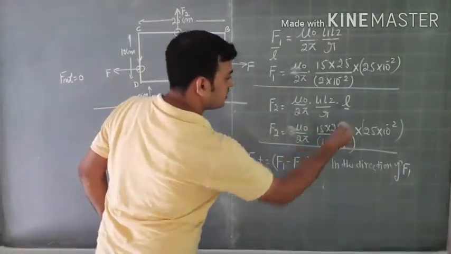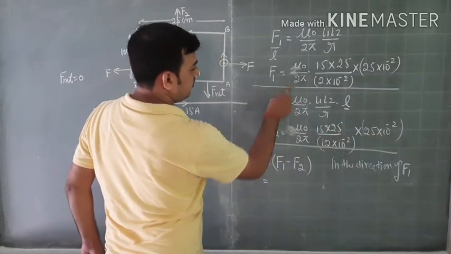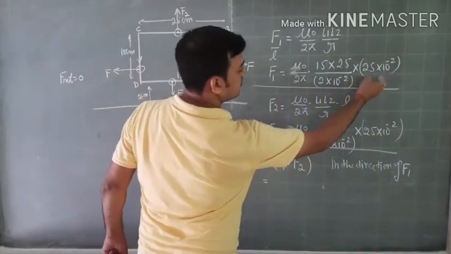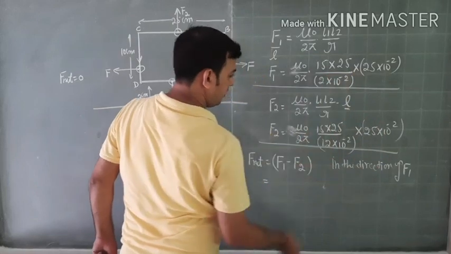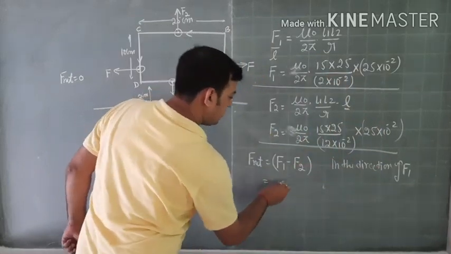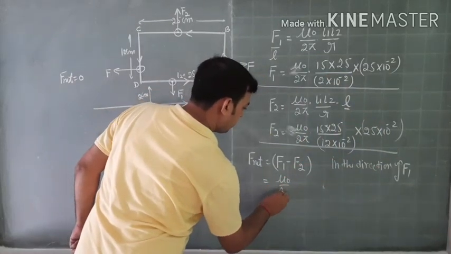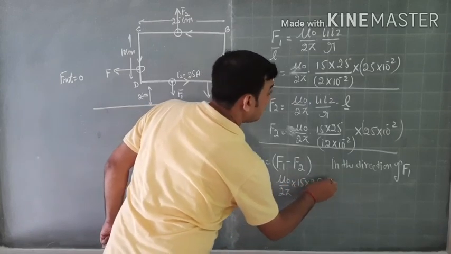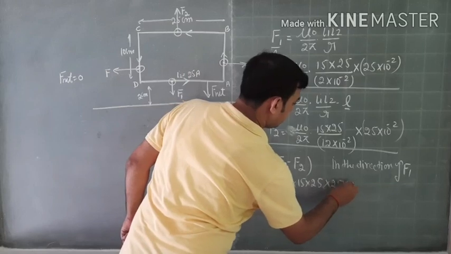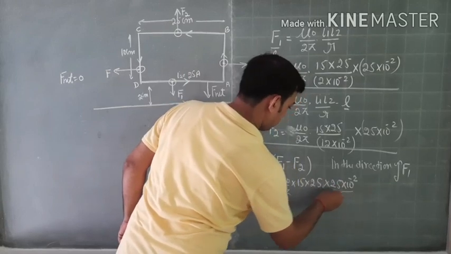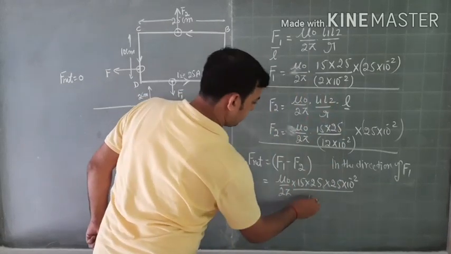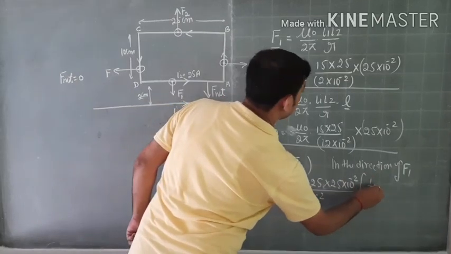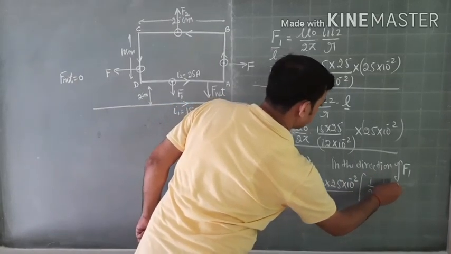And if you simplify it, mu naught by 2 pi and this quantity 15 into 25 remain constant, so I will write it as mu naught by 2 pi into 15 into 25 into 25 into 10 raised to power minus 2. This is a common term. I can also take 10 raised to power minus 2 common from here, and the rest will be 1 by 2 minus 1 by 4.